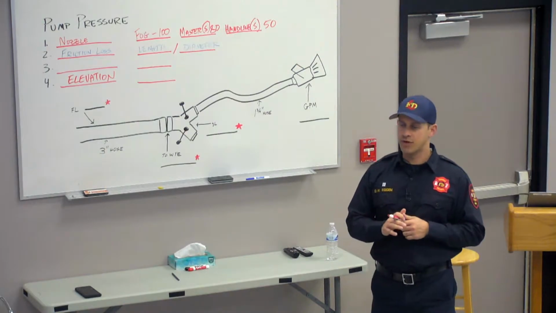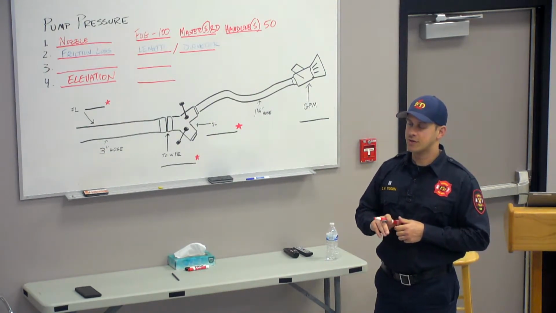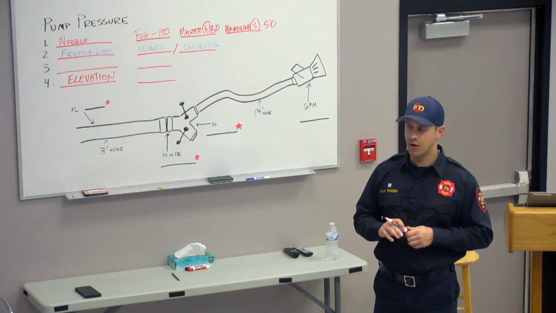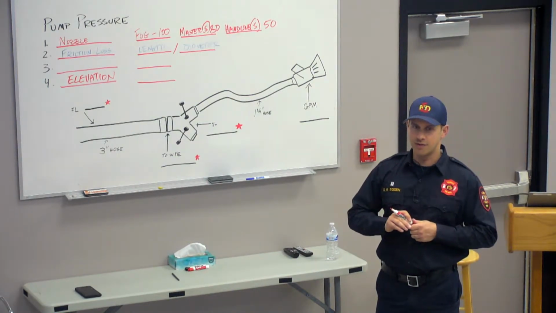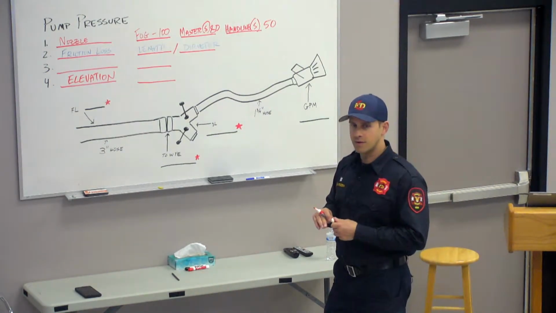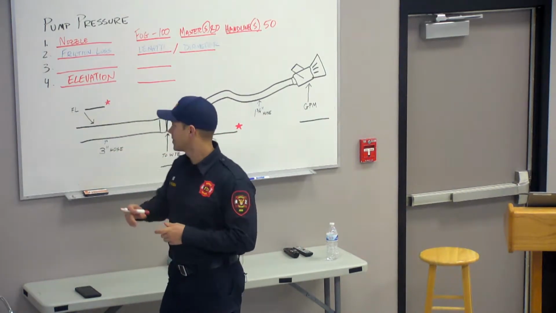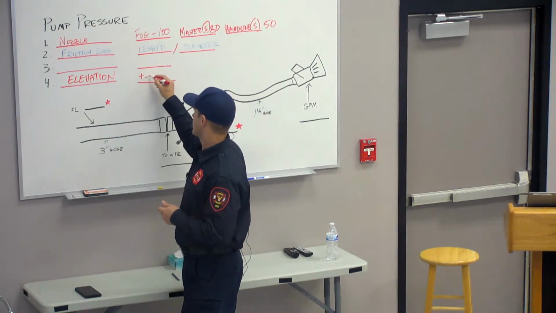We have predetermined pressures for almost everything, right? So what is our set pressure that we have determined as a department for elevation? Think about a high rise. PSI per 10 feet. 5 psi per floor, 5 psi per 10 feet, both are applicable, right? So plus or minus 5.